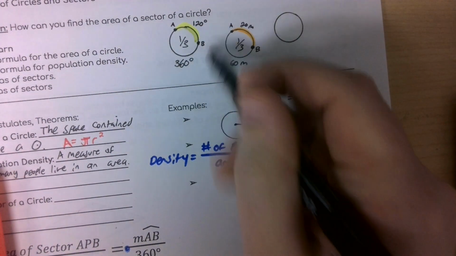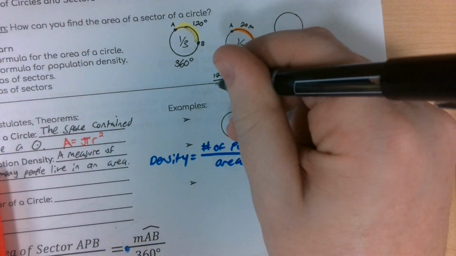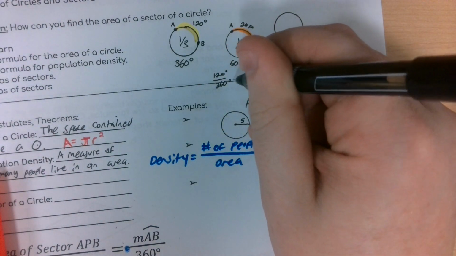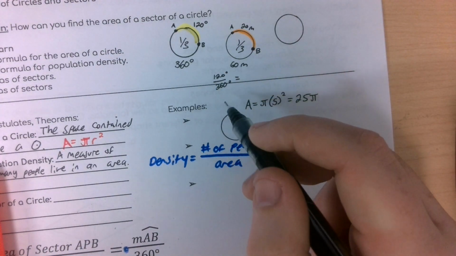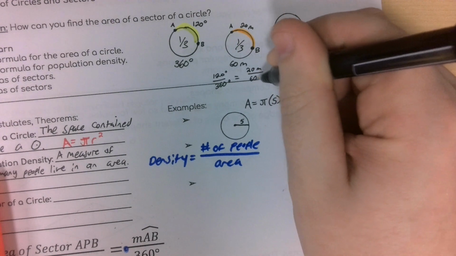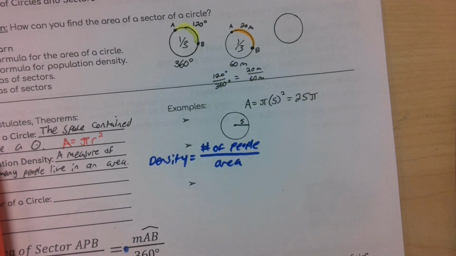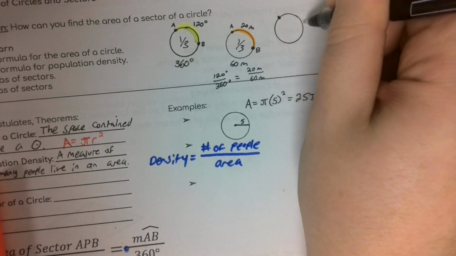So these ratios could be compared in a proportion. 120 degrees over 360 degrees compares the two different measures. 20 meters over 60 meters compares the two lengths. But the same can be said of our areas.